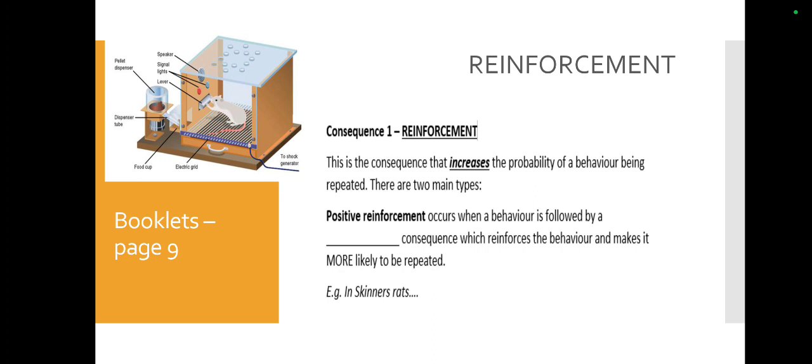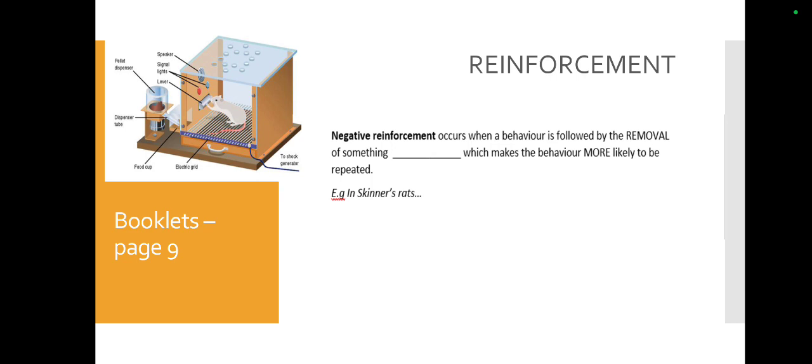Again, can you figure out what goes in there? The example is from the Skinner rats. So what was the positive reinforcement, the thing that was provided to the rats that they enjoyed? Have you got that one? So that would be the food pellets. So giving them the food pellets for pressing the lever. Negative reinforcement is when we remove something unpleasant, which makes the behaviour more likely to be repeated.